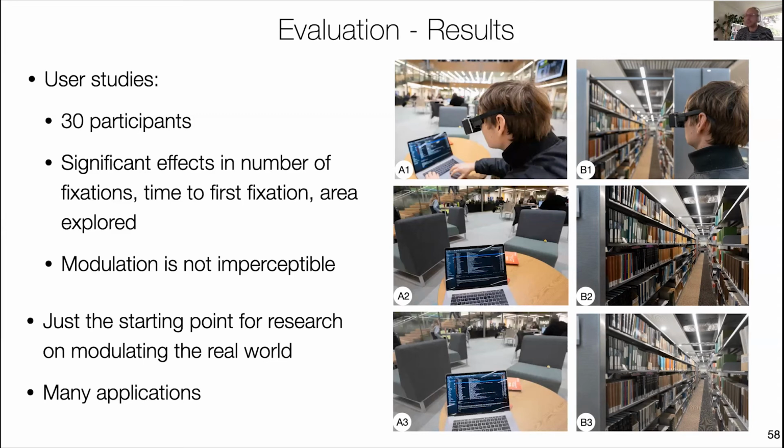So let's say that Alex would be in the library, looking for specific books, and instead of seeing arrows where he has to go, or seeing nothing, which is what B2 would be, we slightly, and this is what you see in B3, increase the saliency of some books in the shelf and decrease the saliency of others. We want to make something very attractive to his eye. It's not like "go there", but more like "something is interesting there". So that's the idea.